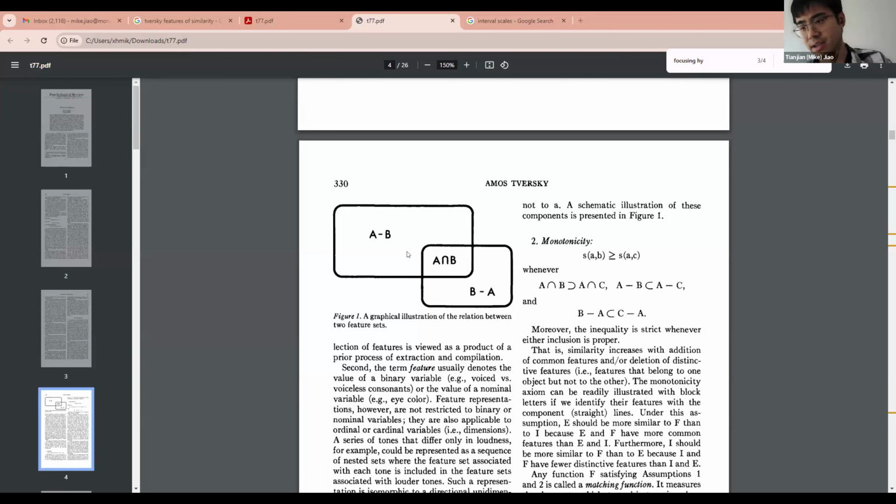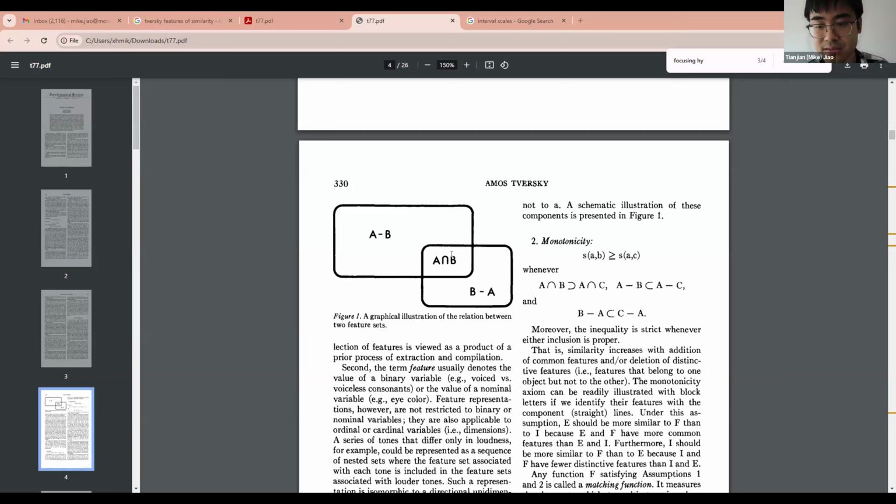Let's say we are comparing A and B. We have A, we have B. We can imagine them as Venn diagrams in terms of the features that they possess. If we're talking about faces, maybe the shape of the nose, the shape of the face, and the color of the face would be considered features. Symmetry, a higher-level concept like that, will also be considered a feature. Either way, when we are comparing two objects, we are essentially comparing their features.